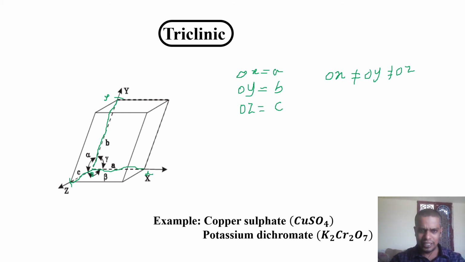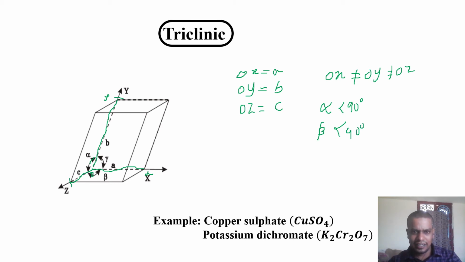Here look at alpha, beta and gamma. Alpha represents the angle between y and z, and it is an acute angle, so it is less than 90 degrees. Next, beta is the angle between z and x, and it is also less than 90.